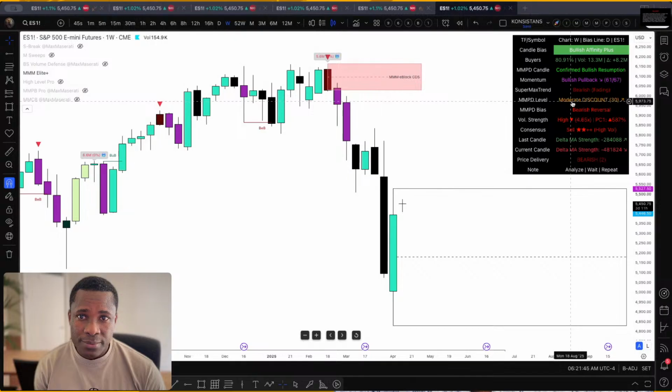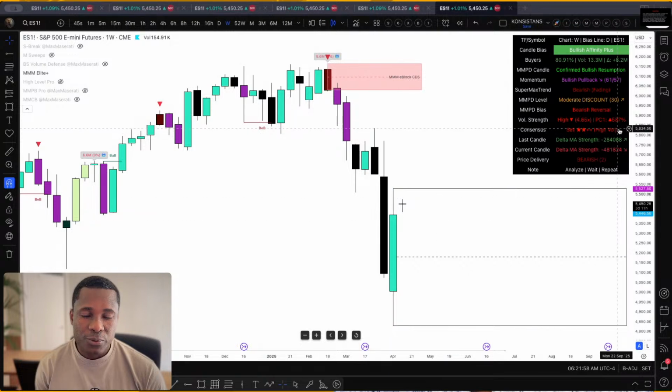So price is in a moderate discount, which means we can still buy, and then we have a bearish, highly maybe the price is bearish reversal. Volume strength is very high. Last candle strength was pushing up 587%, but it was red, and the pair still has a lot of strength on it.